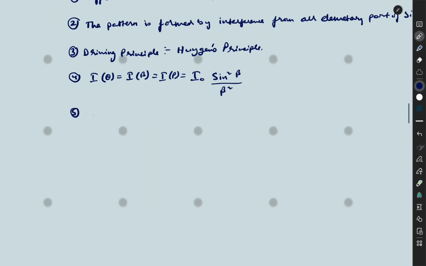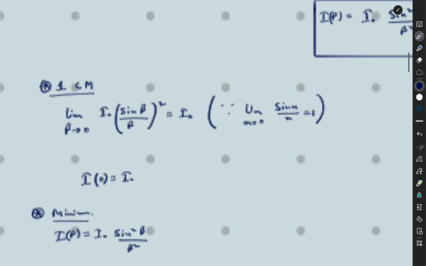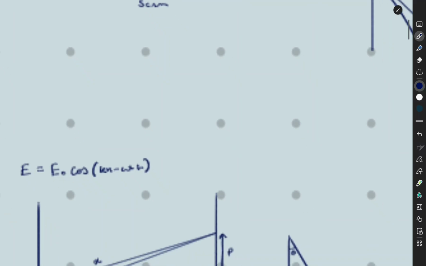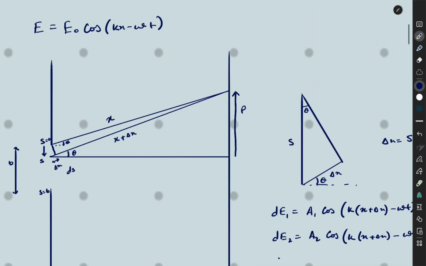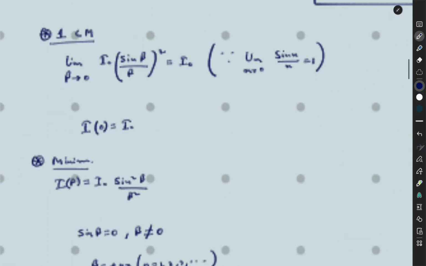And we'll write beta equal to pi b sine theta by lambda, where b is the slit width, and theta is the angle at any arbitrary point P on the screen. We get theta from the horizontal.